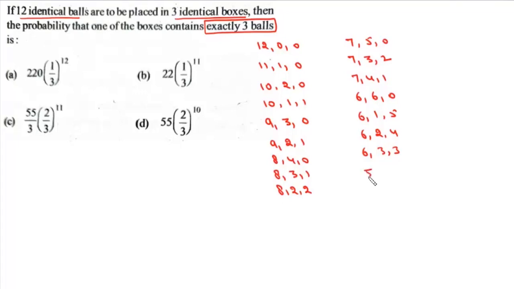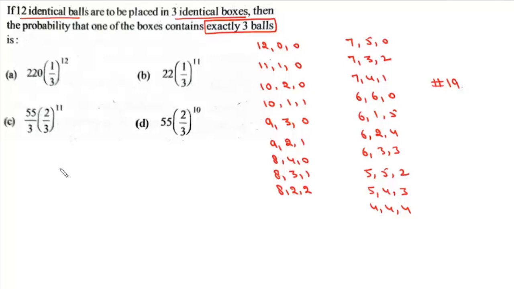Now with 5 it will be 5 5 2, there will be 5 4 3, and finally this 4 4 4. So altogether we have 9 and 10, 19 cases. So there will be these 19 cases in which we can distribute these 12 identical balls in 3 identical boxes.